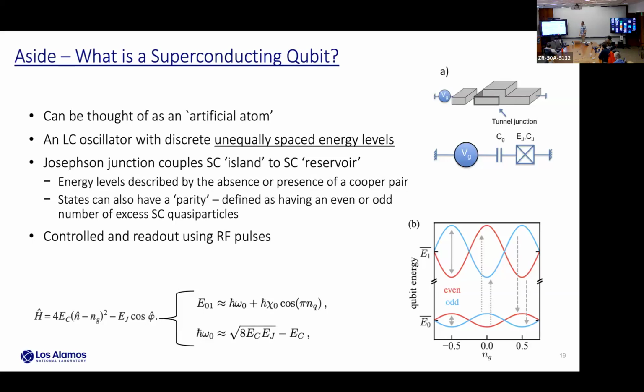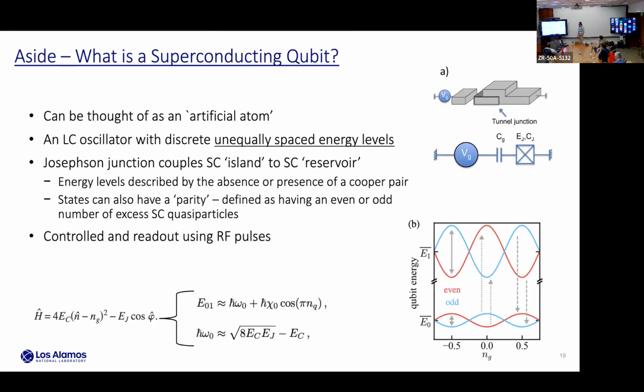And so you can think of it as it just has unique, discrete, unequal energy levels in the same way that an atom has well-defined orbitals that have unique energy. And so this can be achieved by making an LC oscillator by introducing a nonlinear component to it, which is the Josephson junction. So two superconductors in close contact with a very thin oxide layer creates this nonlinear element that gives you those asymmetric energy levels.